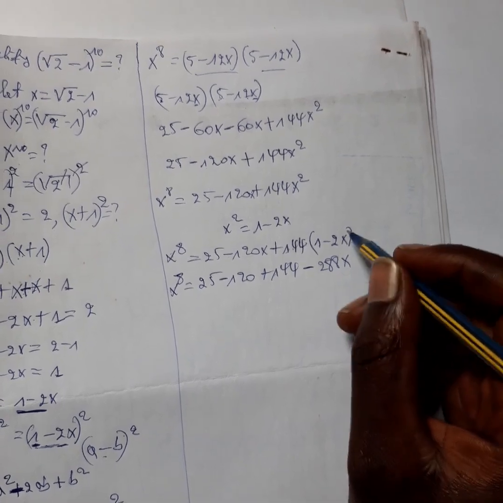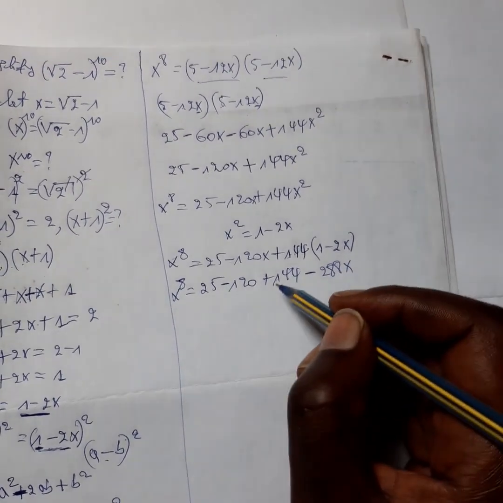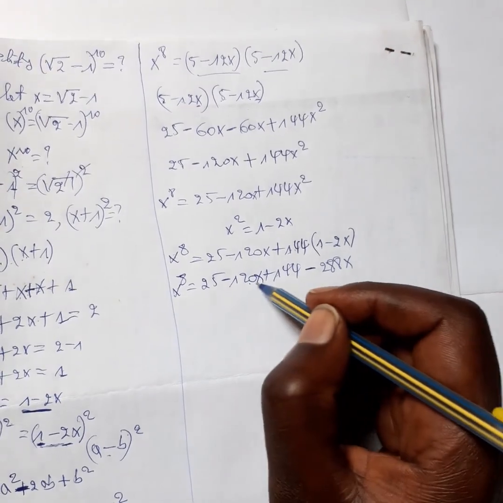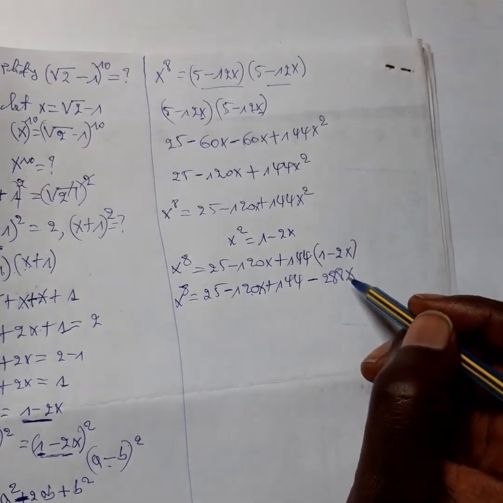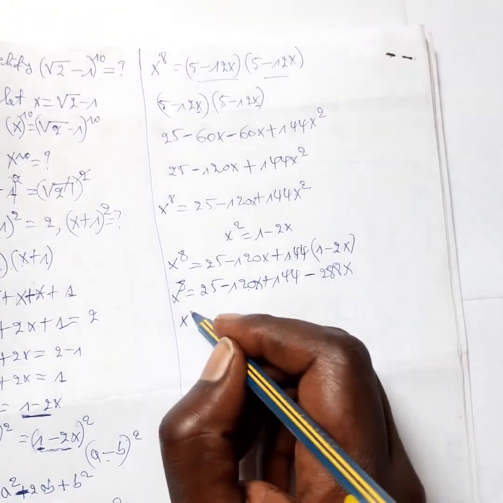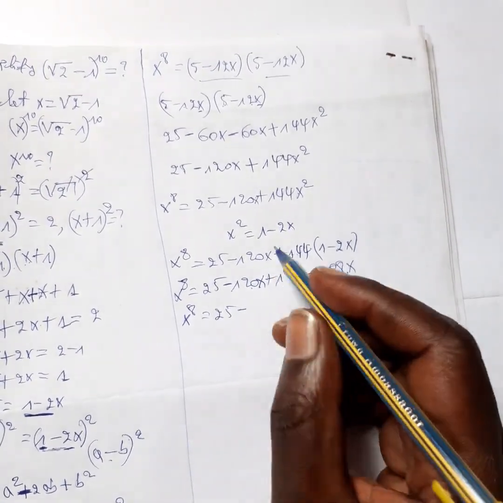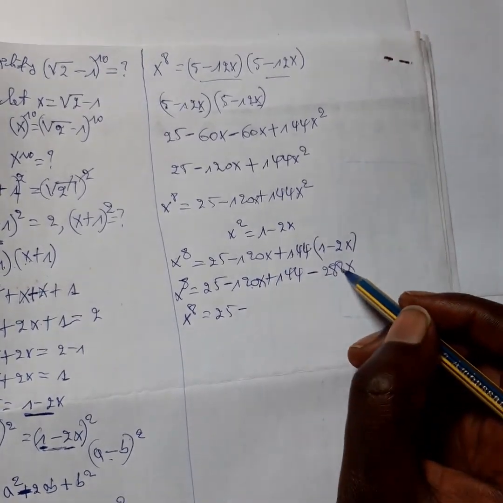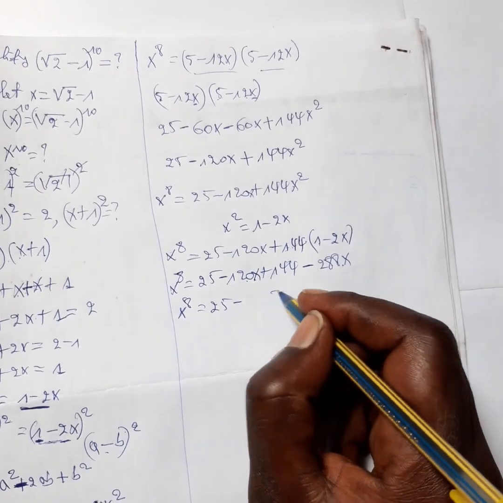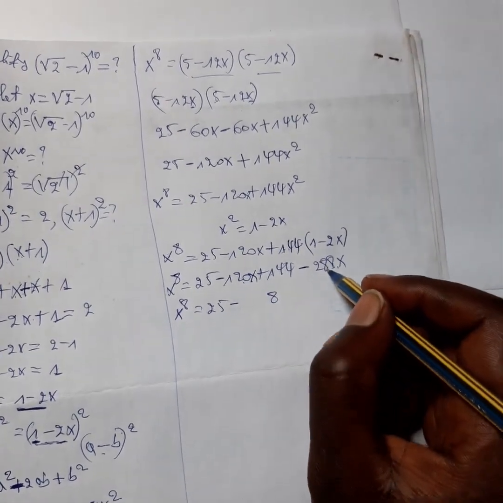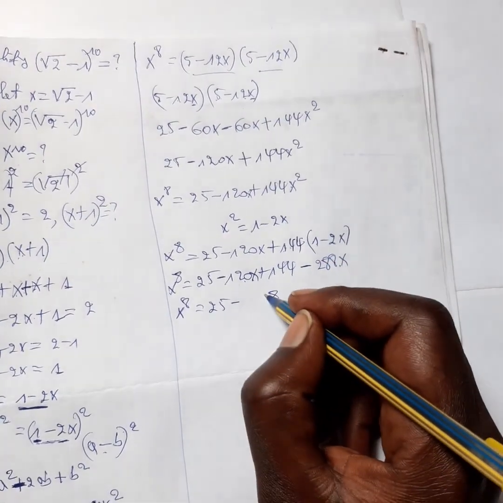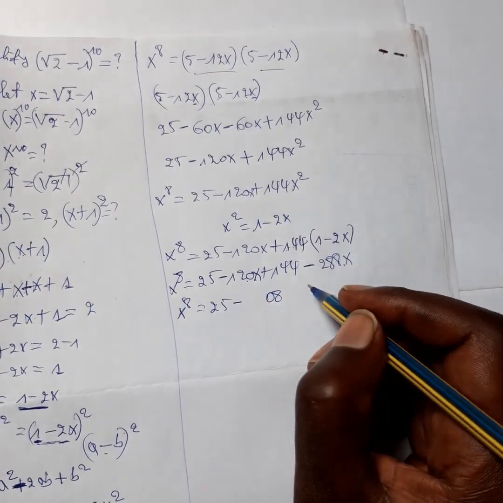So we're going to add this and this one, because this has x and this has x. So x to the power 8 will be equal to 25 minus this one plus this one. There we have 8, 8 plus 2 is 10, which is 0 will remain 1.